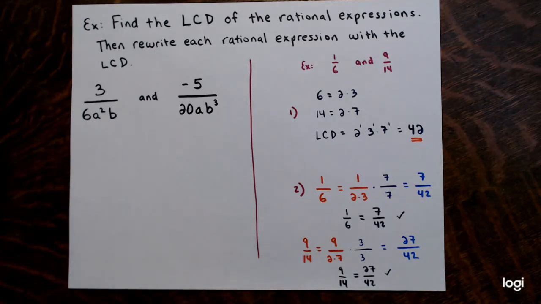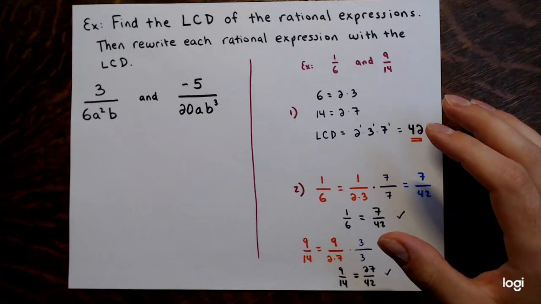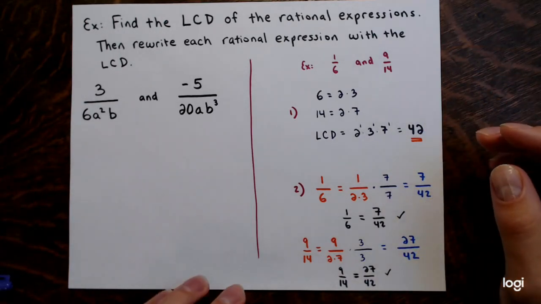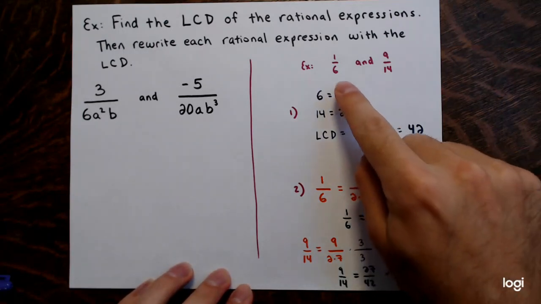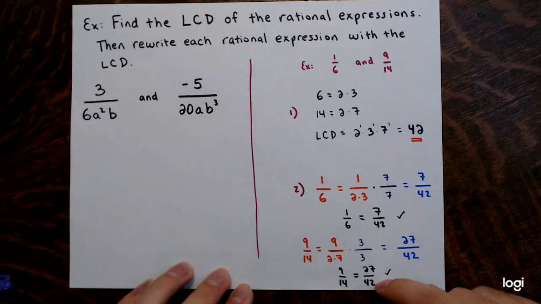All right. So now, why are we doing this? The reason for this is going to be shown in a future video, probably the next one I make. The reason we want to get two fractions to have the same denominator is when we're adding and subtracting.